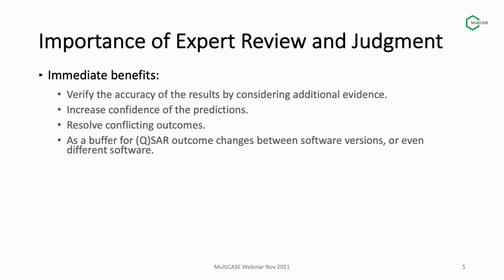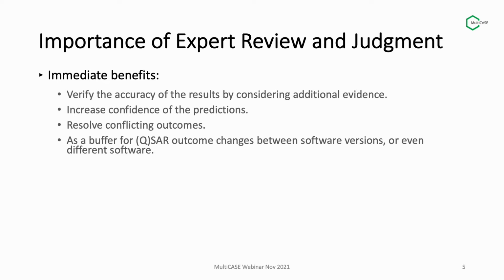We can increase the confidence of the software predictions. We can also resolve different types of conflicting outcomes. For example, if we get a positive outcome from the statistical system and negative from a rule-based system, we can use expert review to resolve those conflicts. And interestingly, expert review can also act as a buffer for changes in the outcomes of software when we change the versions of the software.